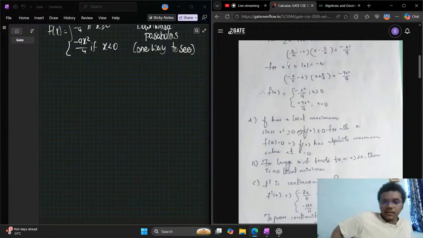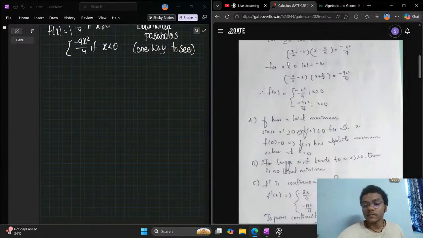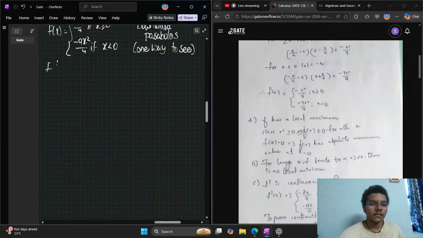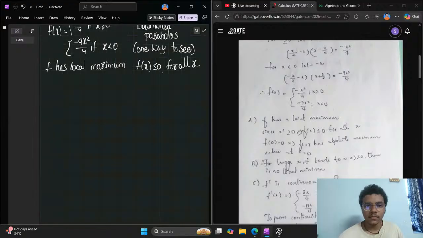Since x square is greater than or equal to 0, if there is a local maximum, how to check it? Since x square is greater than or equal to 0, f of x is less than or equal to 0 for all x.